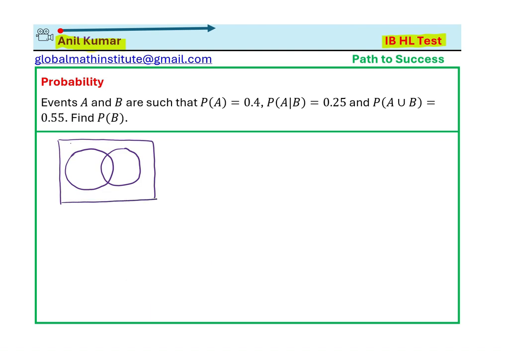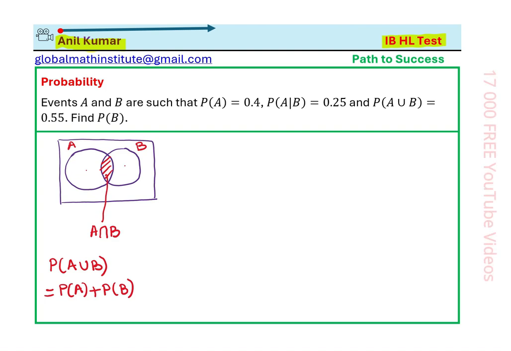The two events are A and B, and this center portion is A intersection B. Now, when I say probability of A union B, it basically means probability of A plus probability of B. When you add these two probabilities, you add the intersection twice, and therefore you have to take away probability of A intersection B.